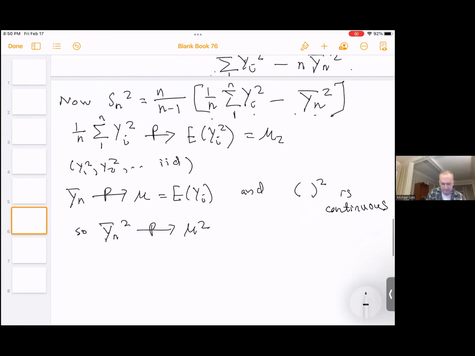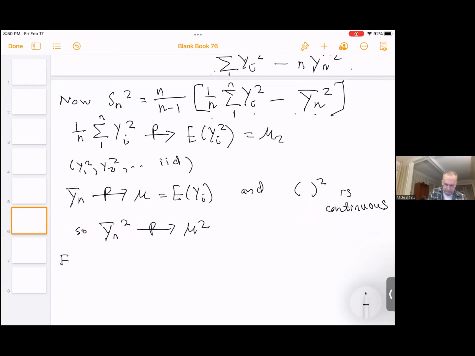So we're almost done. Finally, the third one. Now, remember, these are constants, but they also converge in probability. So if you're not sure, put it into the definition and prove this is a correct statement. This converges in probability to 1.